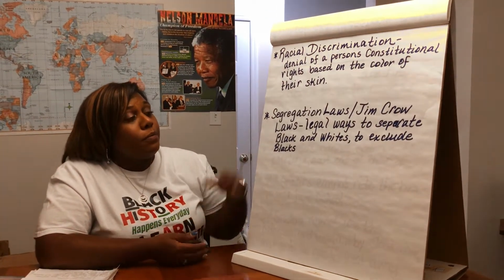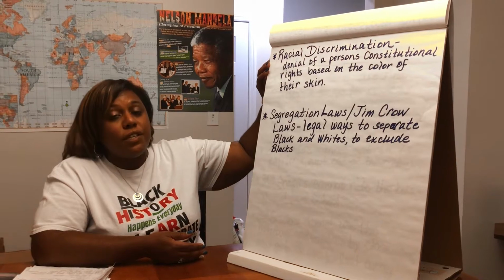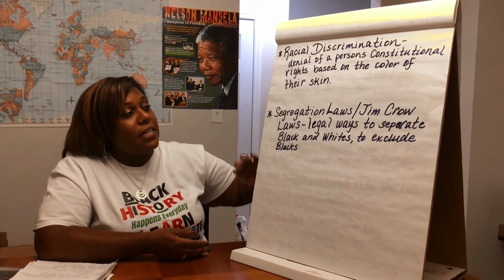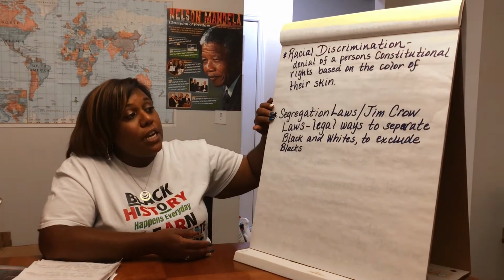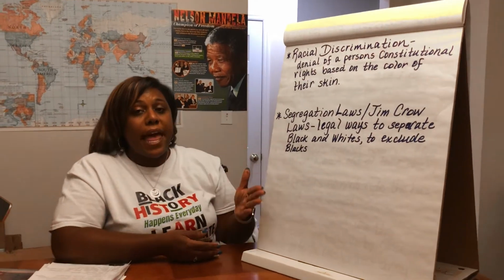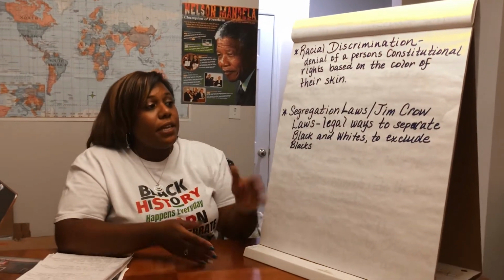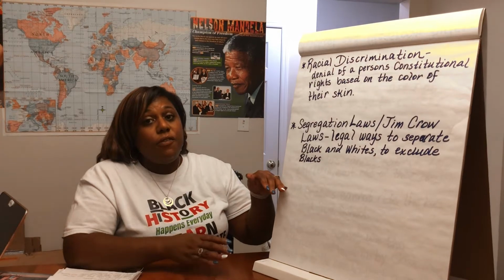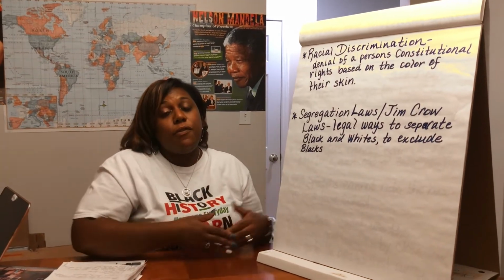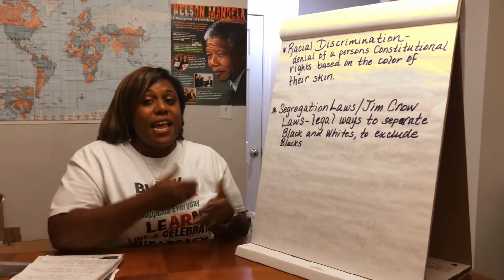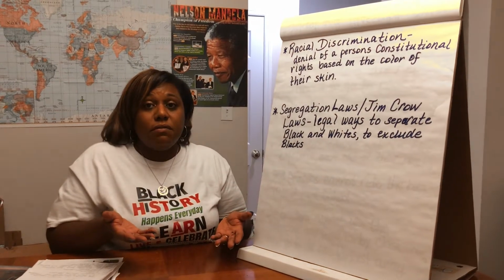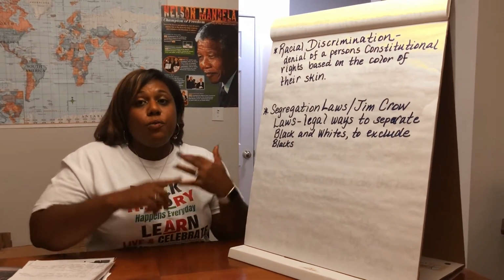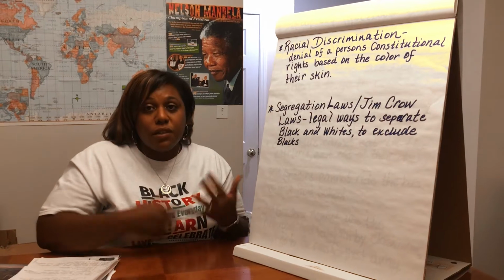And so because they had this racial discrimination against African Americans, there were actually legal ways to separate blacks and whites, and in particular to exclude blacks from not only their rights, but from full participation in our country. Okay? So we talk about the rights, like the right to vote, right?